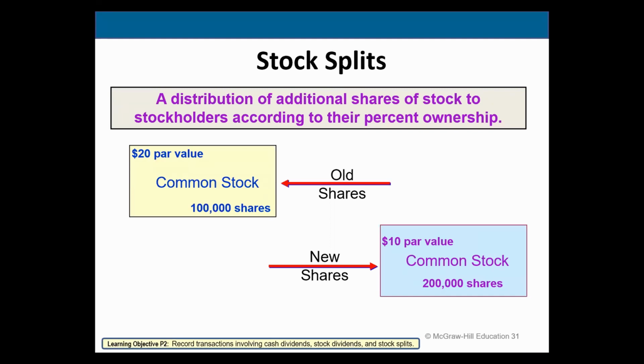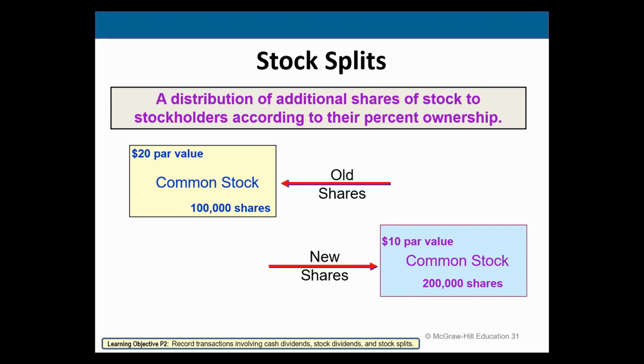Splits can be done in any ratio. To illustrate, CompTech has 100,000 outstanding shares of $20 par value common stock with a current market value of $88 per share. A 2-for-1 stock split cuts par value in half as it replaces 100,000 shares of $20 par value stock with 200,000 shares of $10 par value stock.